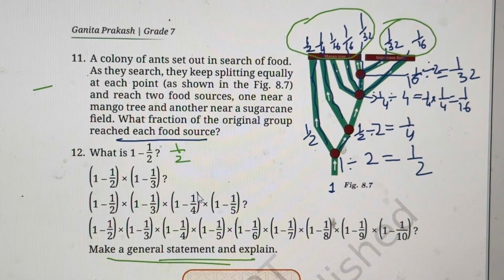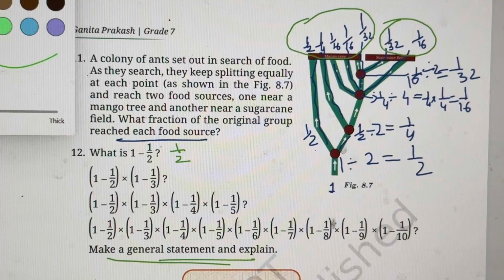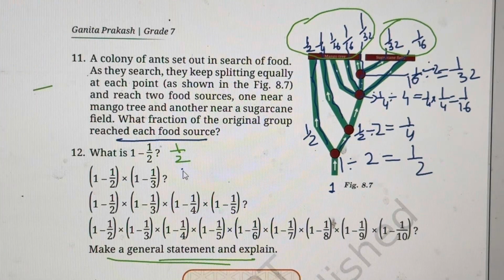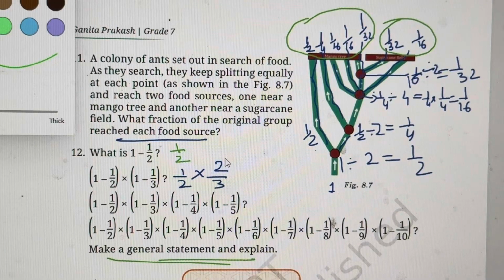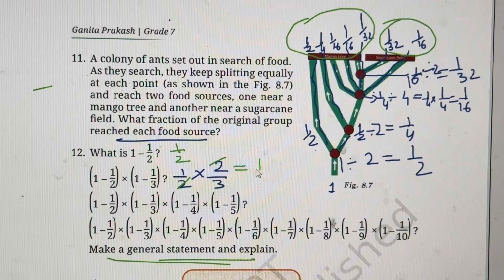Okay? If I take the second one, here 1 minus half is half into, this is 3 minus 1, that is 2 upon 3. Okay. Now what will happen over here? 2 gets cancelled. So the answer will be 1 upon 3.